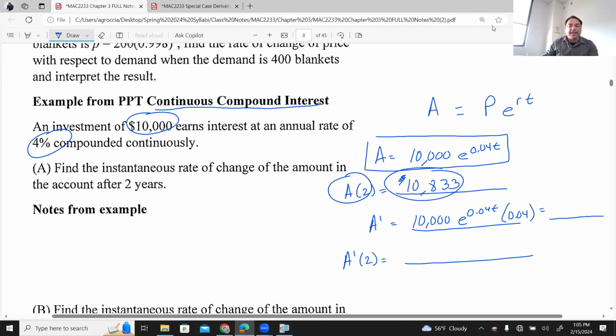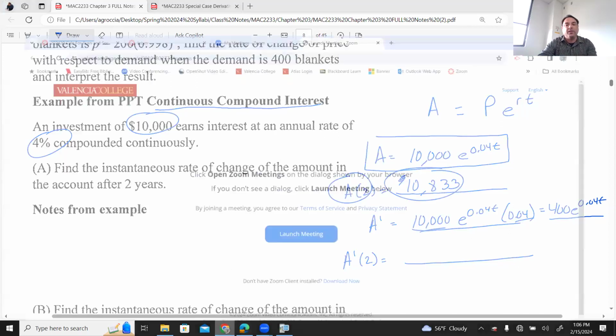I can take the 10,000 times the 0.04, and what will that be? 400 e to the 0.04t. That is a lot easier than to have to put 10,000 times the e times the 0.04, right? That's why we simplify.